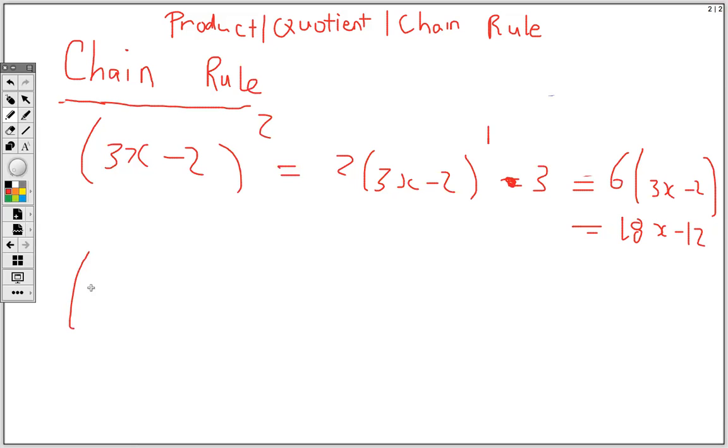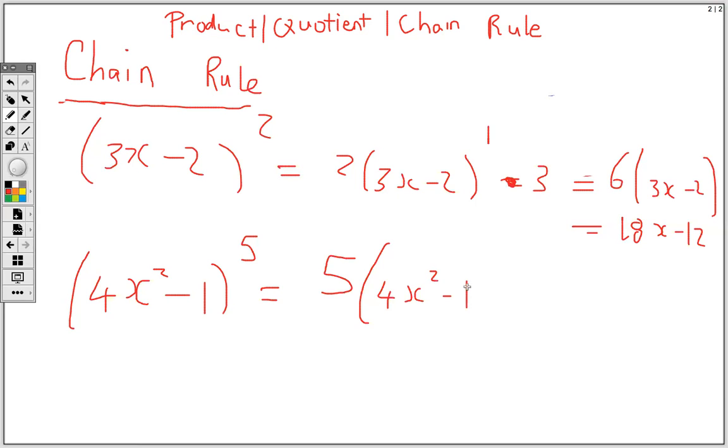So if I have 4x squared minus 1 to the 5, then applying chain rule, I'll carry the 5 in front, write the bracket, so we have 4x squared minus 1.